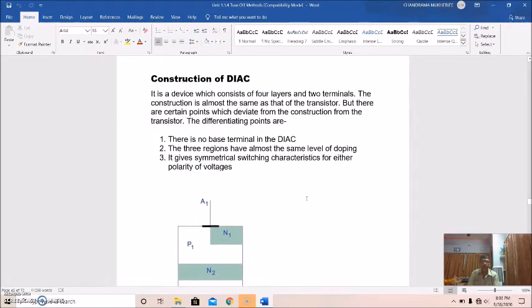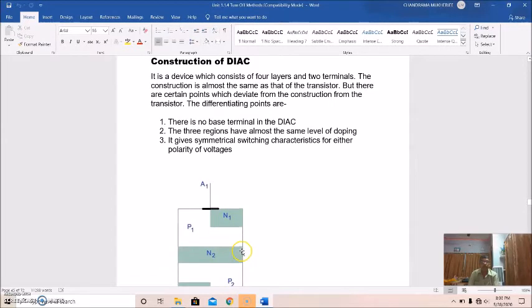Now, construction. It is a device which consists of four layers, with two terminals, almost the same as a transistor, but there are certain points which are different from the construction of a transistor. The differing points are: the DIAC has no base.